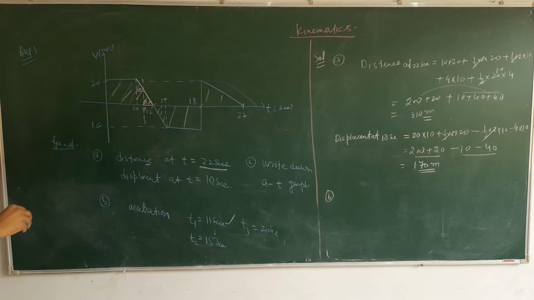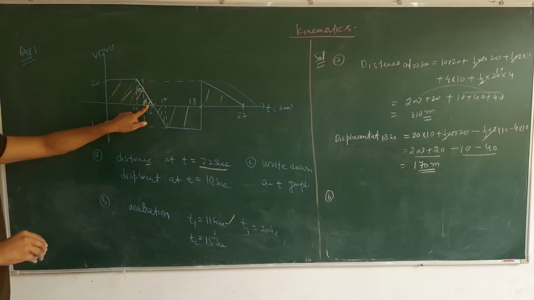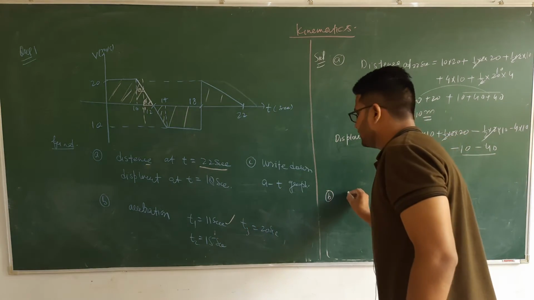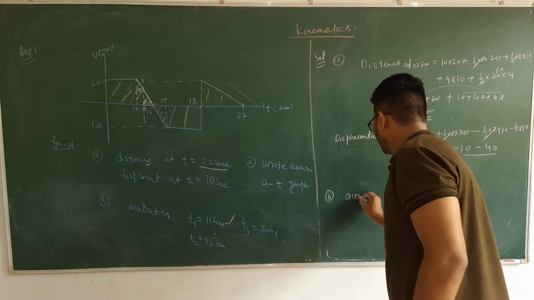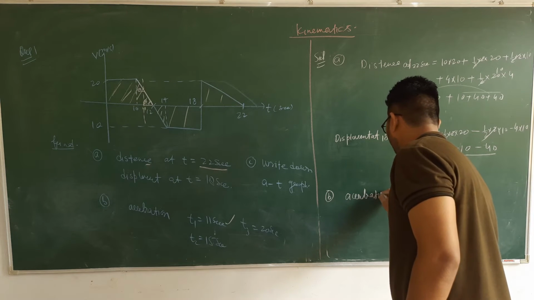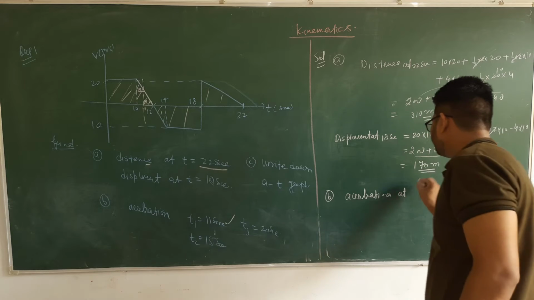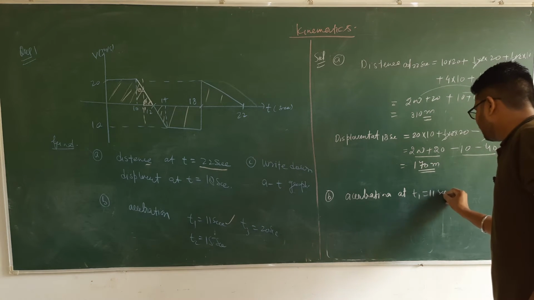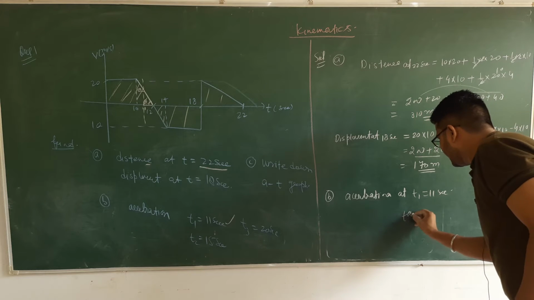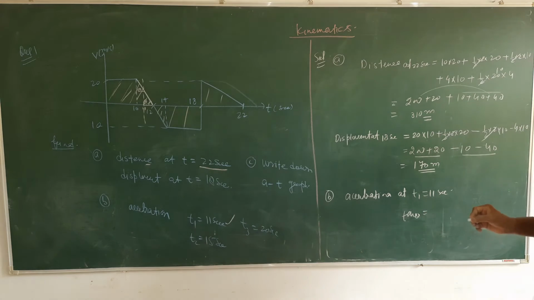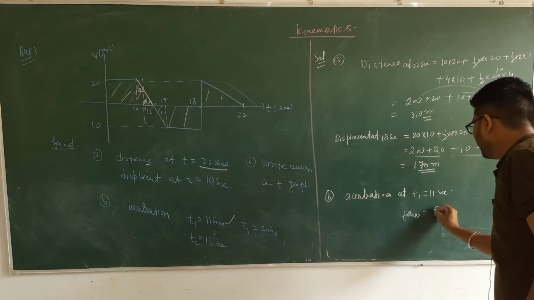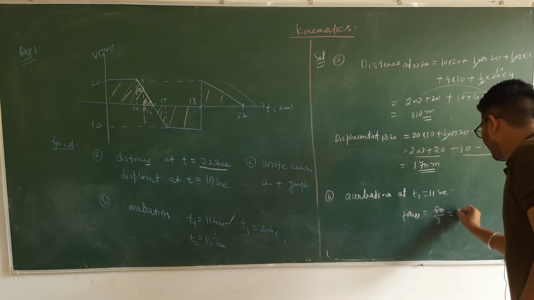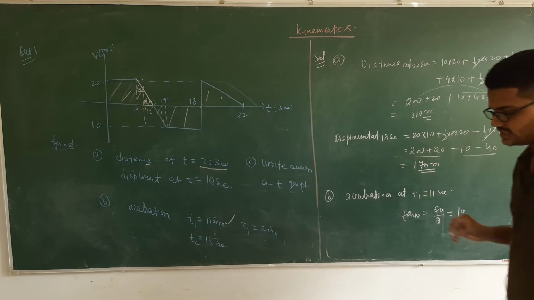Okay beta, so what is tan theta here? Tan theta is acceleration at t1 is equal to 11 second. Okay, so what is tan theta? Tan theta is, what is the perpendicular? It is 20. And what is the base? Base is 2. So here it is 10. Okay, so this is acceleration.